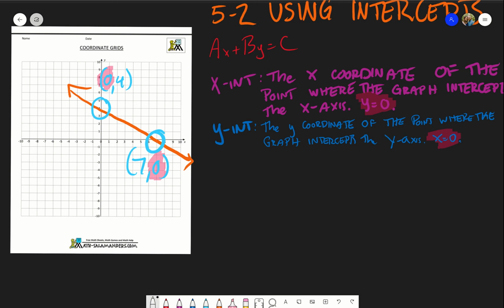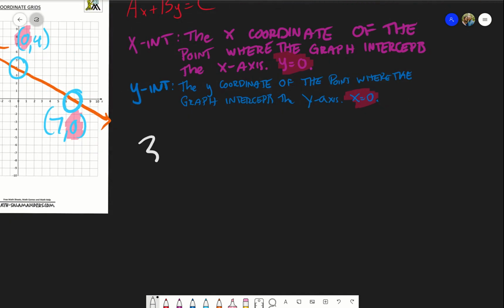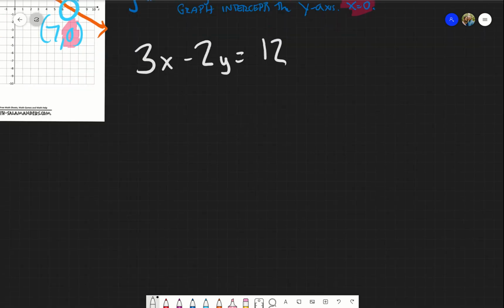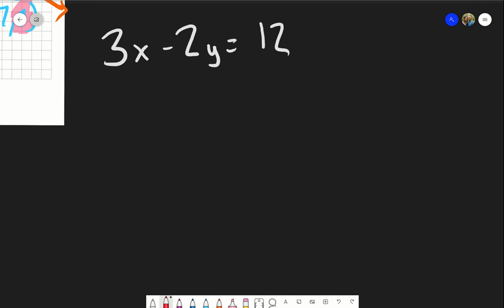Let's say I have 3x minus 2y equals 12. Here's an equation written in standard form, and I want to find the x and y intercepts. To find the x-intercept, what do I know about y? The x-intercept means that y equals 0.